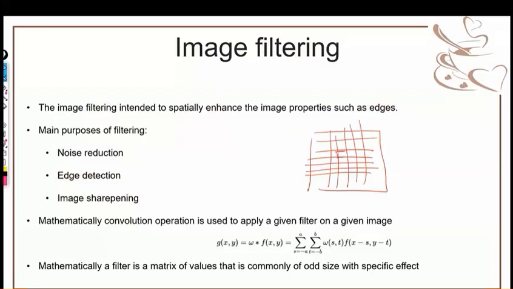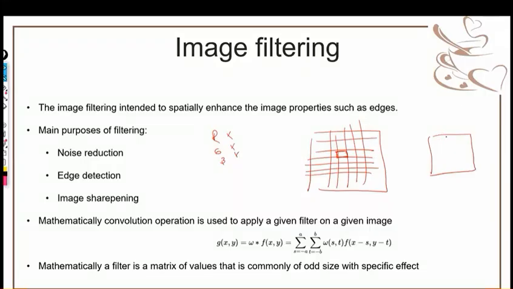Let's suppose that we want to check the new value of this pixel. Here we have values for the R, G, and B components. Then we have a kernel here. We have a filter. The filter can be, for example, a 3 by 3 matrix, or 5 by 5 matrix, or 7 by 7 matrix.